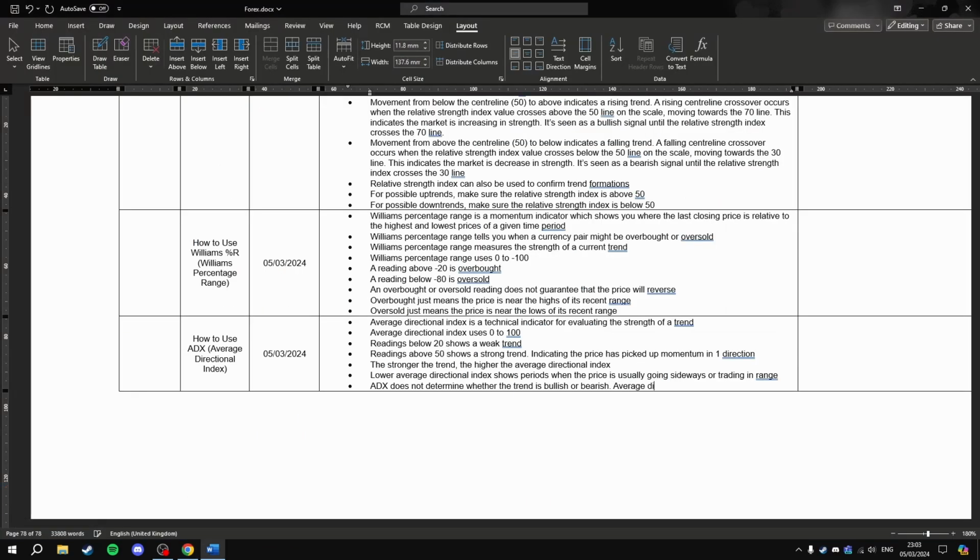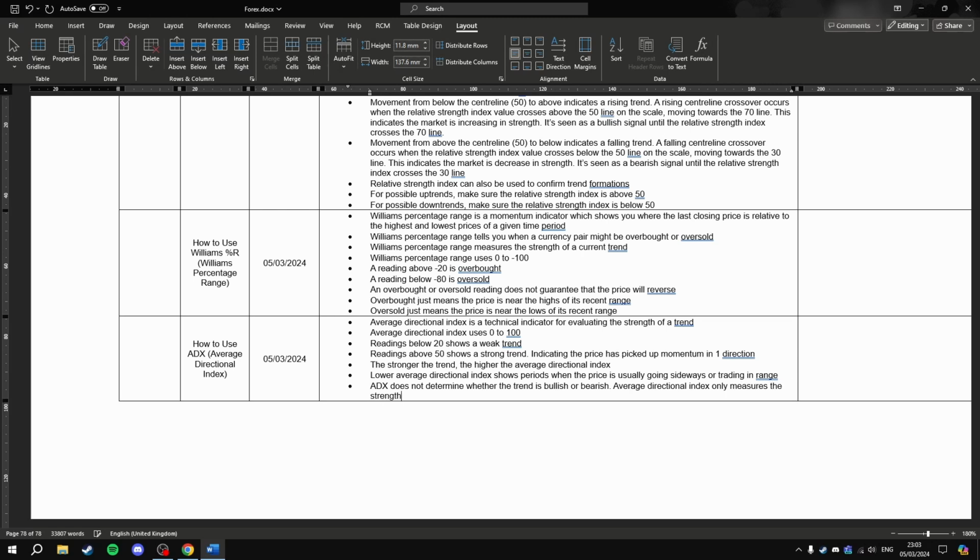Average directional index only measures the strength of a trend.